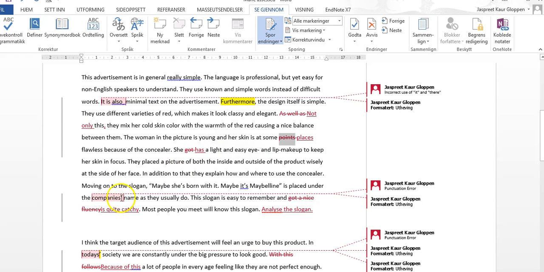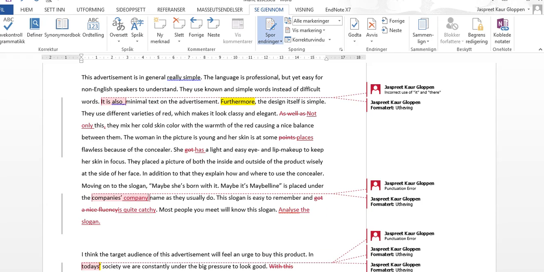And also I wanted to comment on the apostrophe use here. I think you have misunderstood this because I see it again. So if the word is company, right, placed under the company's names, so it's not companies. You have understood it that if something is in plural, then you put the apostrophe at the end. But this word actually is singular.